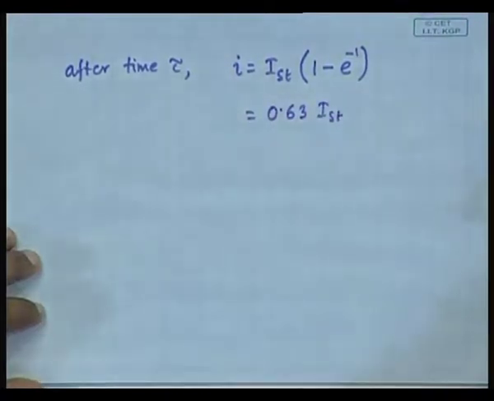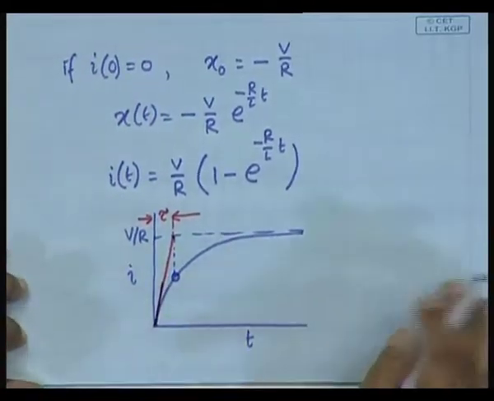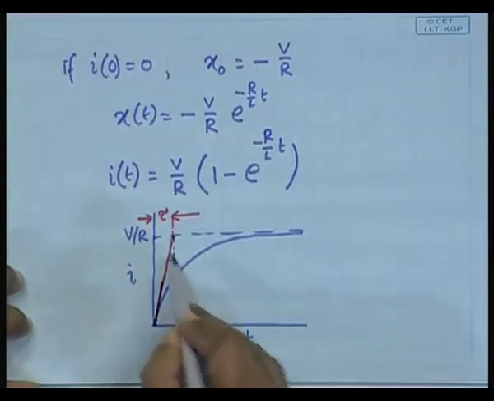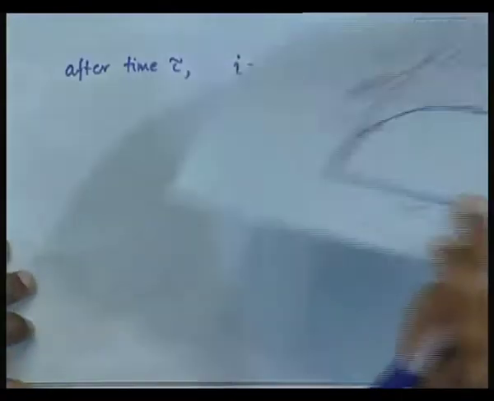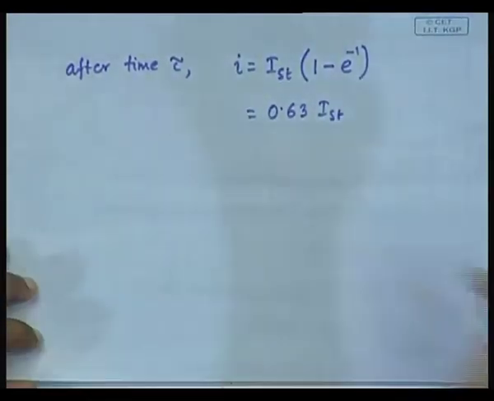So, in some books that is why it is given that the tau is the time after which the current reaches 0.63 times the final value, and this concept carries on to the capacitive circuits and all that.